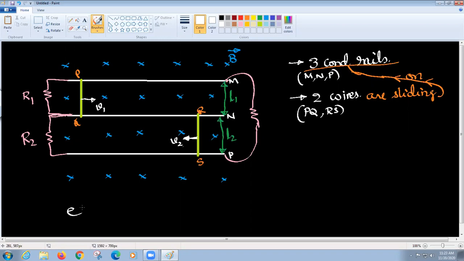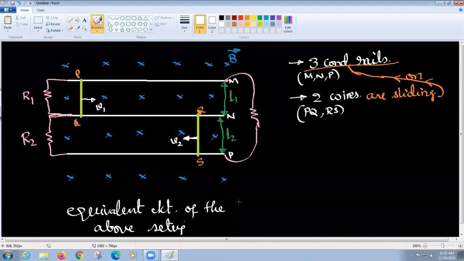Now can you draw its equivalent circuit? The equivalent circuit of the above setup. Can you draw this? Anyone? Any idea how to draw this?